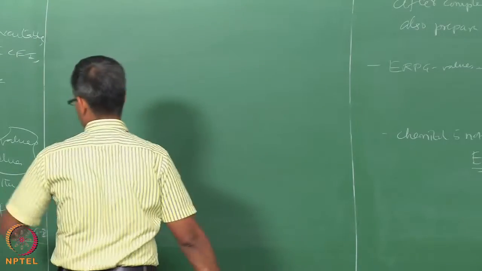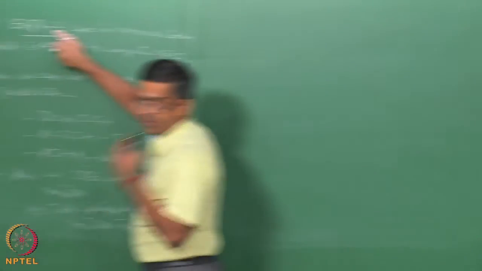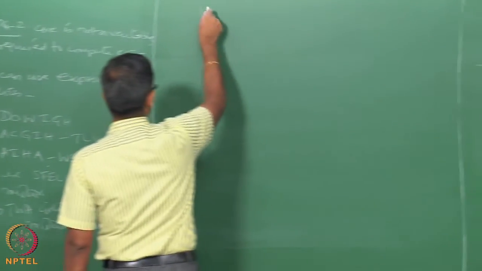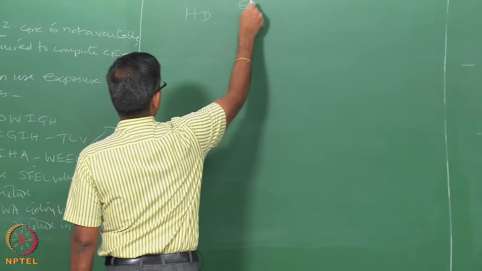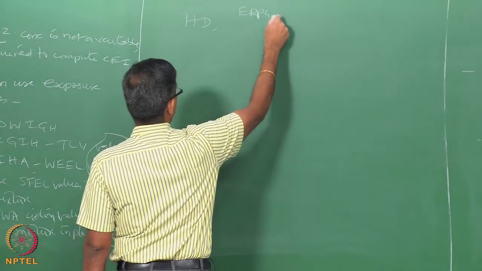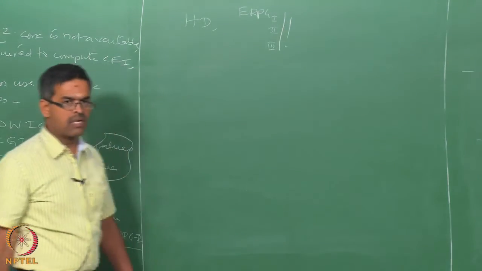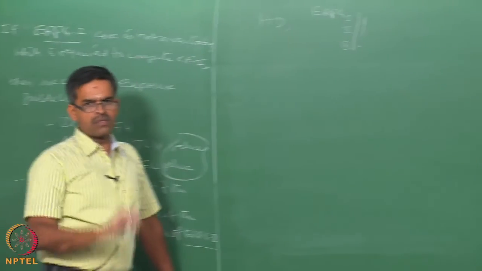So, that is as far as the discussion on ERPG 2 is concerned, which is required to compute the chemical exposure index. Now, to compute the hazard distances, you may require ERPG of all the levels, okay? ERPG 1, 2 and 3 all will be required, because hazard distance can be estimated for all concentrations.